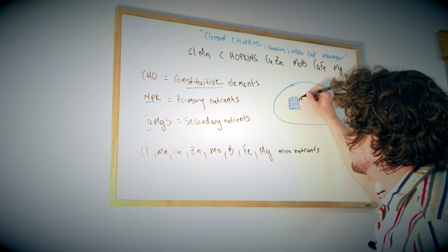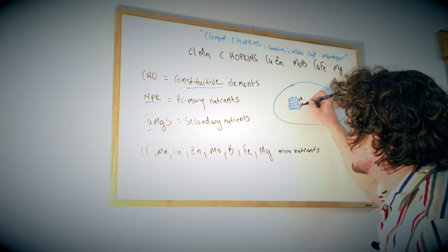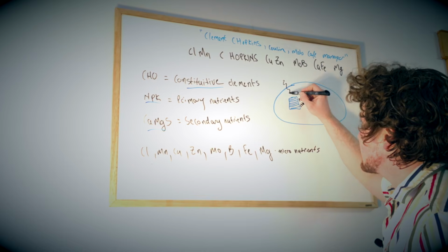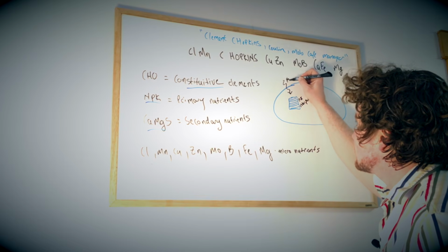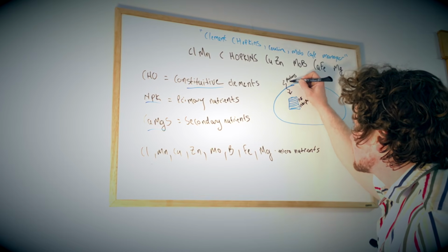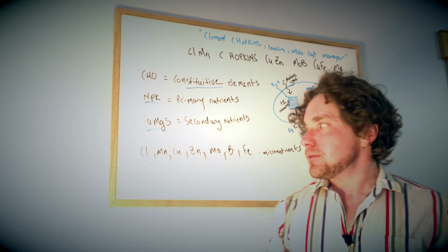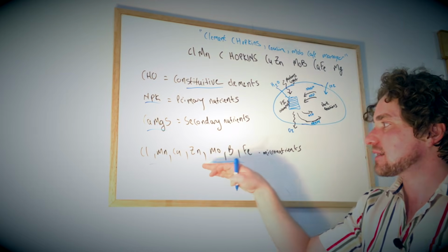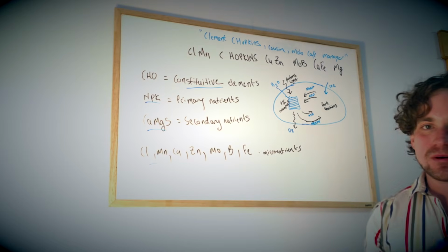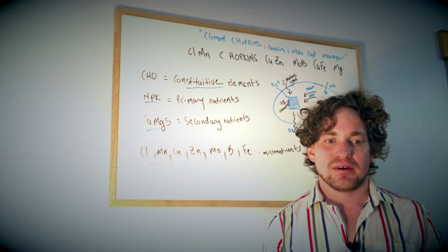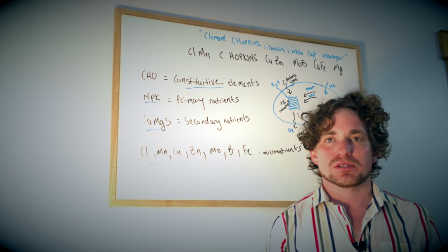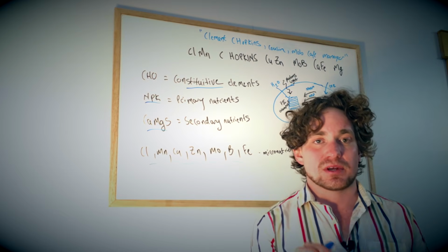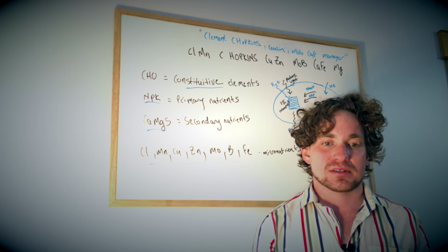We can say photosystem 2, chlorophyll. And we have incoming photons as light. Okay, so we have chloride, manganese, copper, zinc, molybdenum, boron, iron, and those are our micronutrients that are essential but only needed in trace concentrations or amounts.